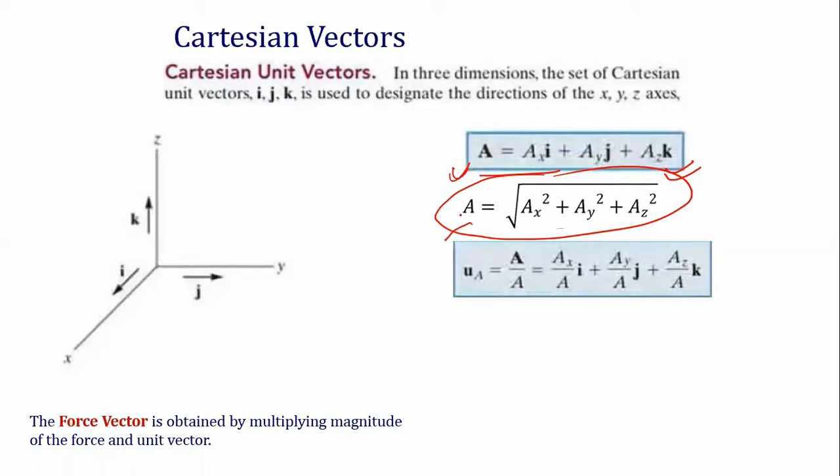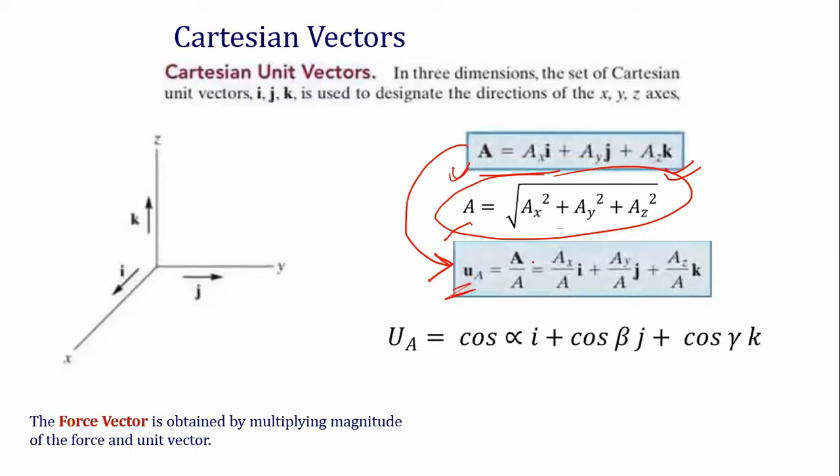Then we can represent this force vector into a unit force vector along the same direction. So unit force vector UA will be found by dividing this whole force vector by its magnitude. And this Ax by A represents cos alpha, this represents cos beta, and this represents cos gamma.